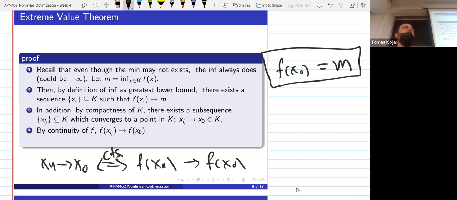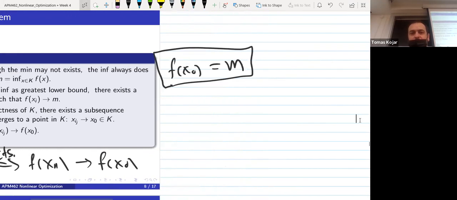Just put this and this together, and you get the result. What should I put together? Right, it goes to m, but then what do you want? So again, let's do it together.